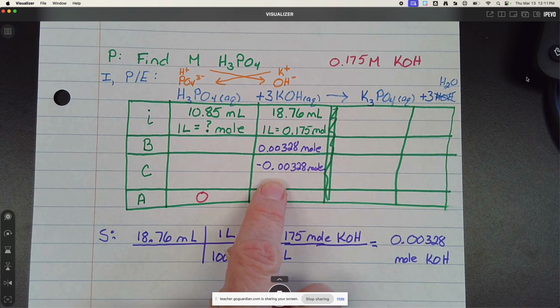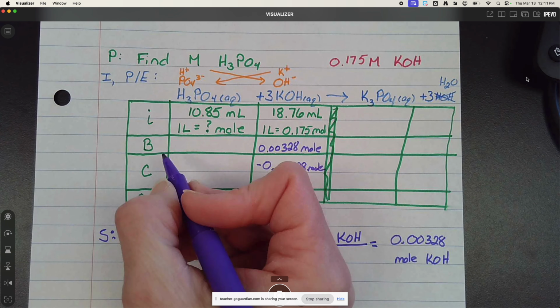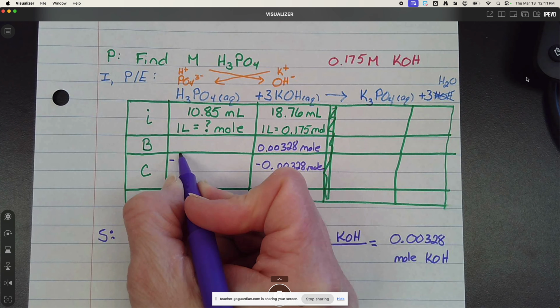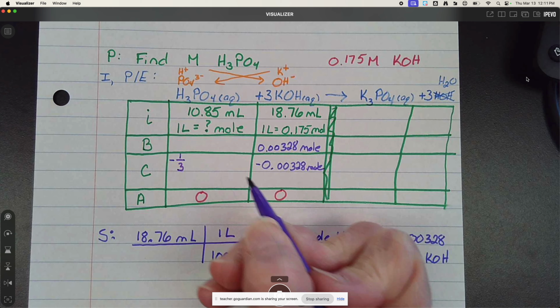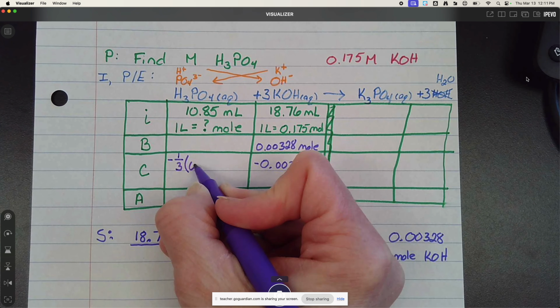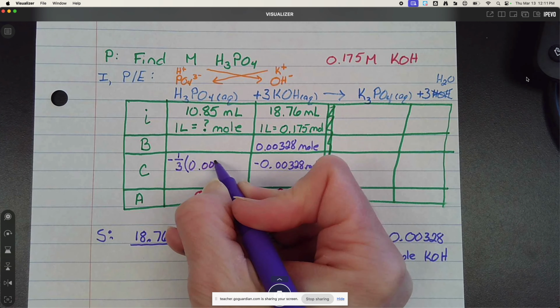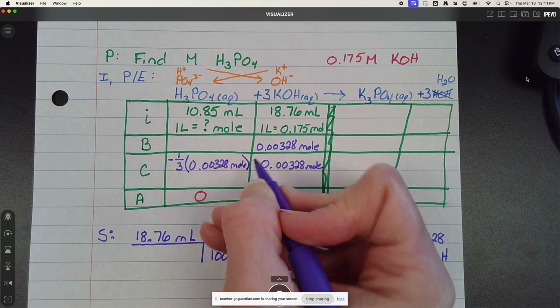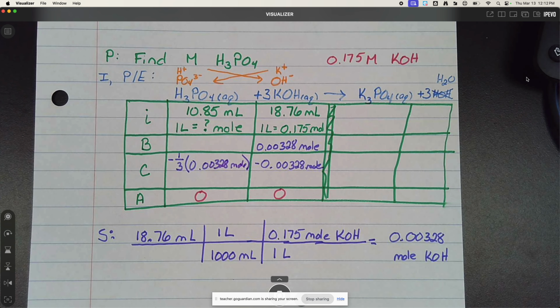In order to spend this much potassium hydroxide, I also have to spend some phosphoric acid, but I only spend 1/3 as much. 0.00328 divided by 3.